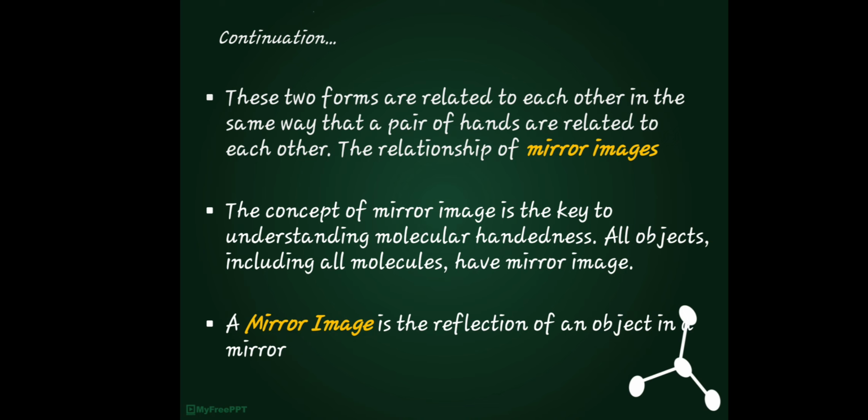If you look in a mirror, like at your face, what you see is the same as your actual face. So that is why there is a connection between chirality and a mirror image.